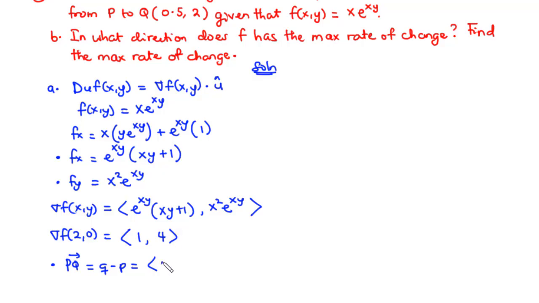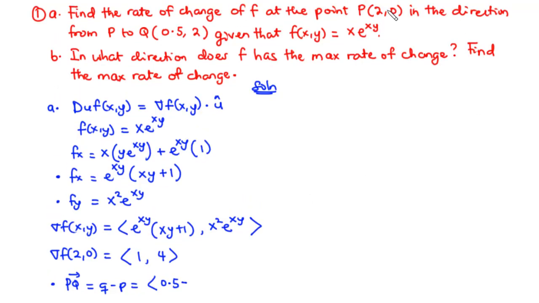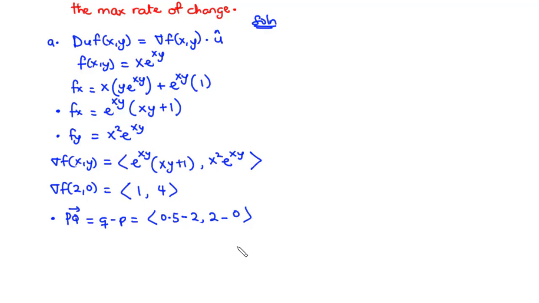So for the x component, we have 0.5 minus that of P, which is 2, comma, the y component, we have 2 minus 0, and that becomes (-1.5, 2). So this is the direction vector.